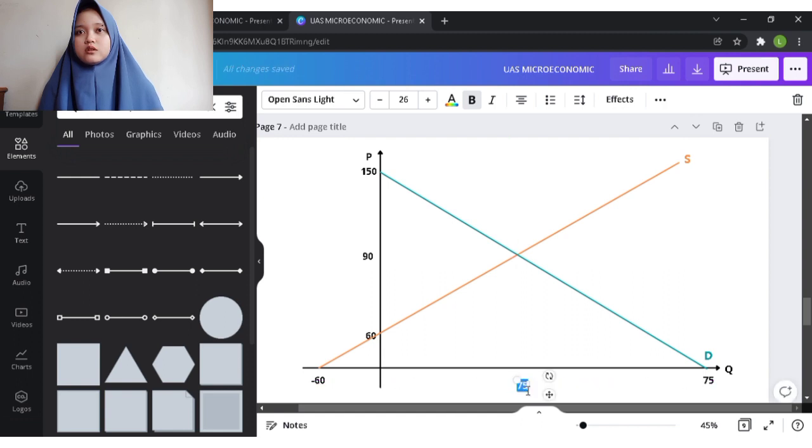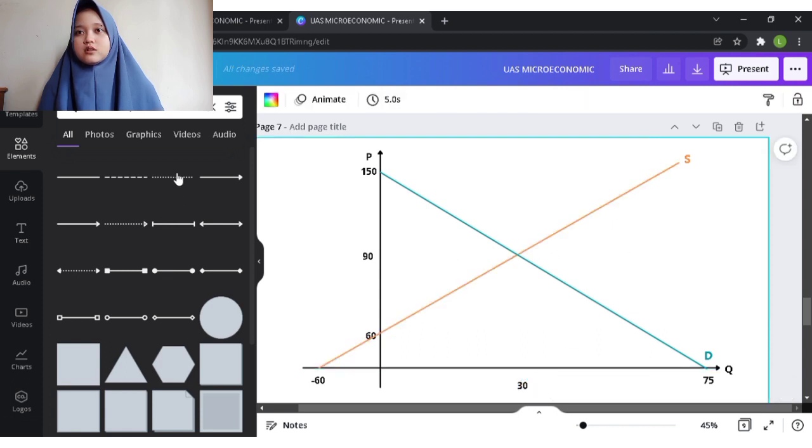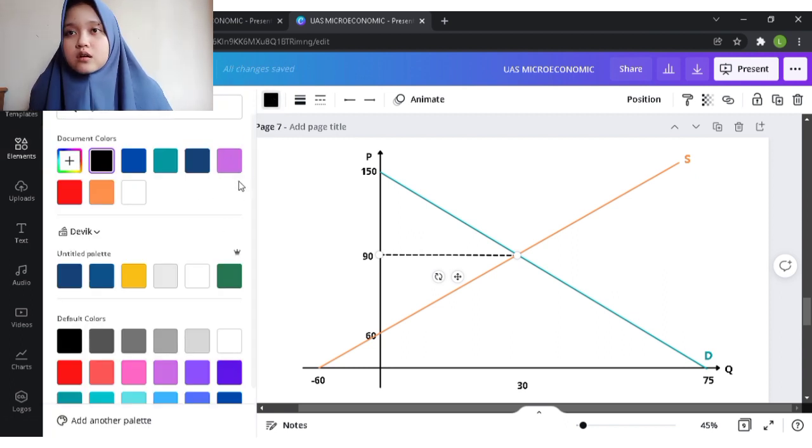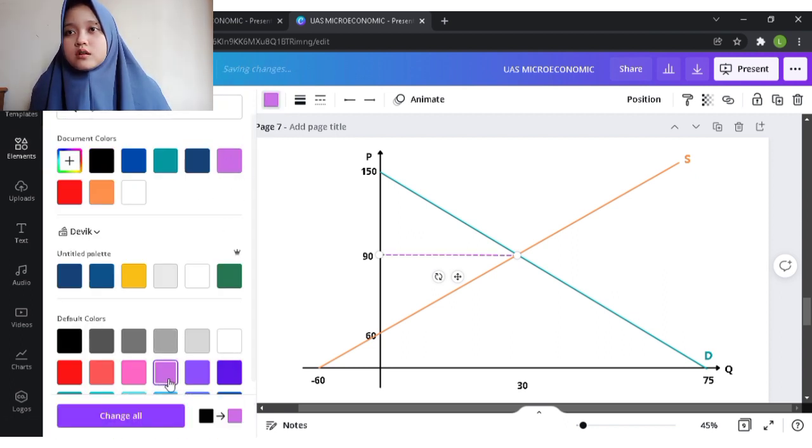Okay, we draw the line. So the equilibrium, the price equilibrium, is the price that both the consumer and the producer agree on.